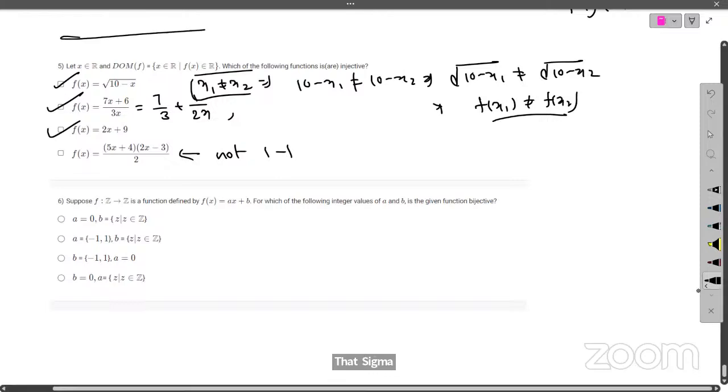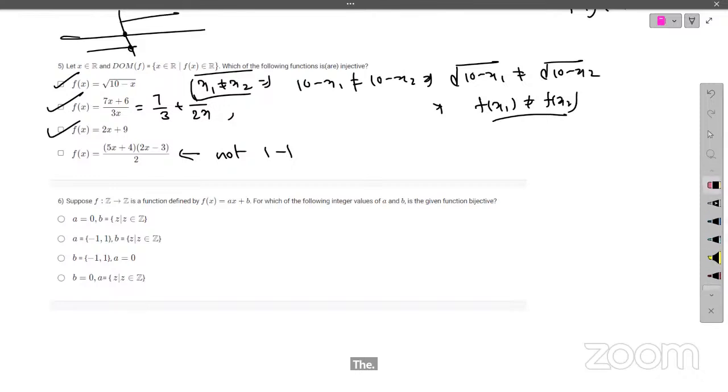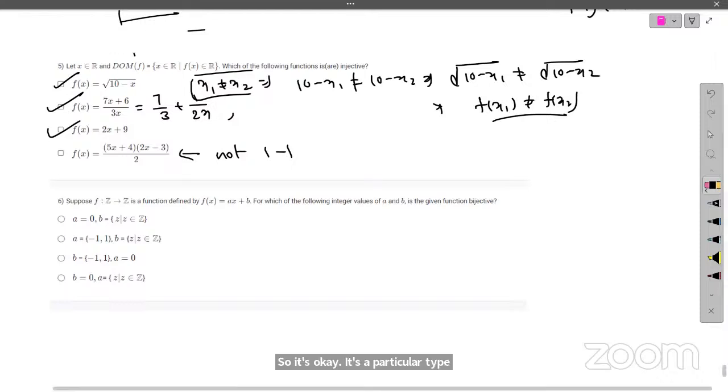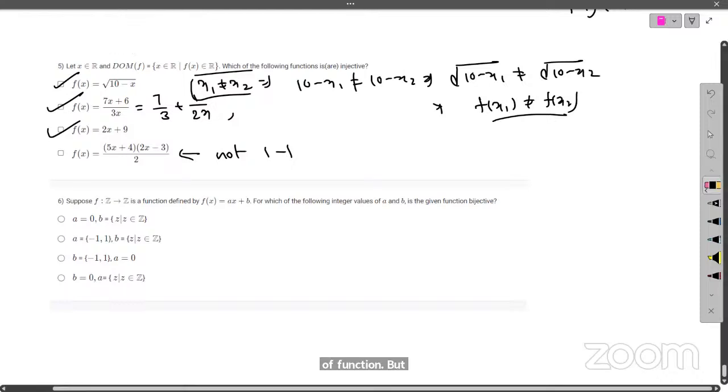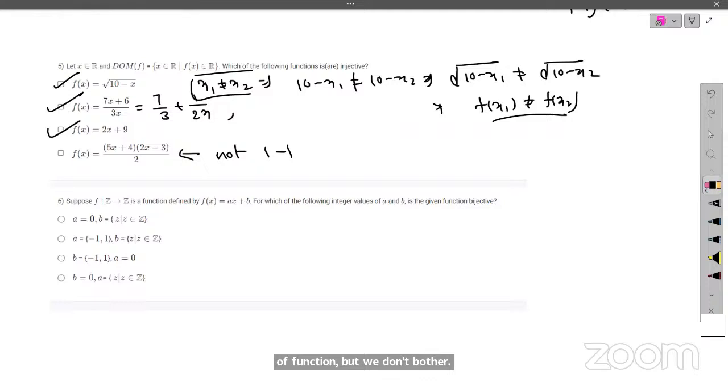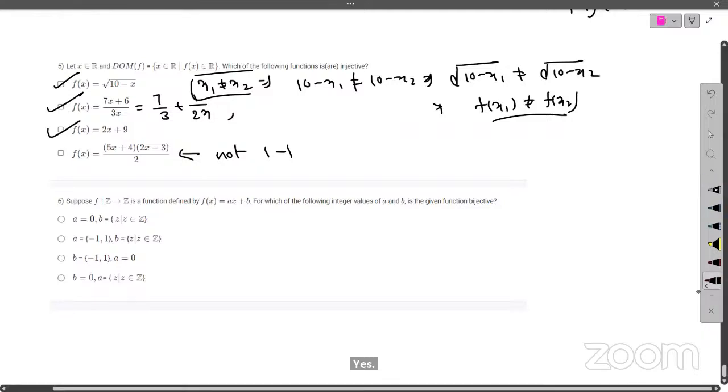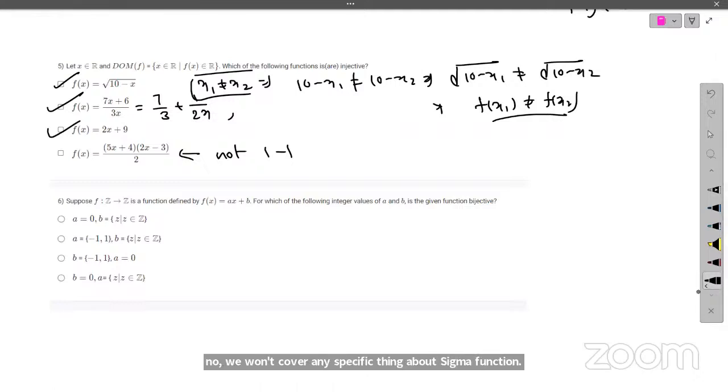It is simply a function defined in this way: one value here, one value here, and then all other values here. It's a particular type of function, but we don't bother about it. Will we cover it in the upcoming weeks? No. We won't cover any specific thing about it. We just play with general function theory and calculus.